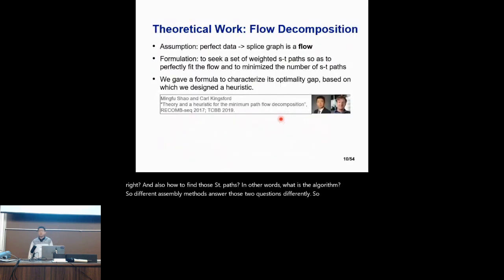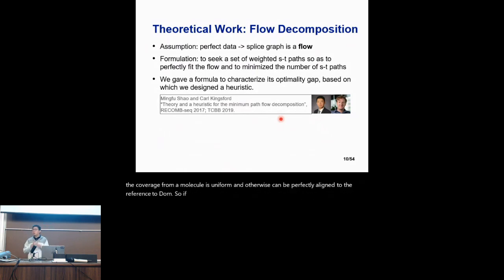We approached transcript assembly starting from a theoretical perspective. We asked, if the data is perfect, can we do assembly well? By perfect data, we mean that the coverage from a molecule is uniform, and all the reads can be perfectly aligned to the reference genome.